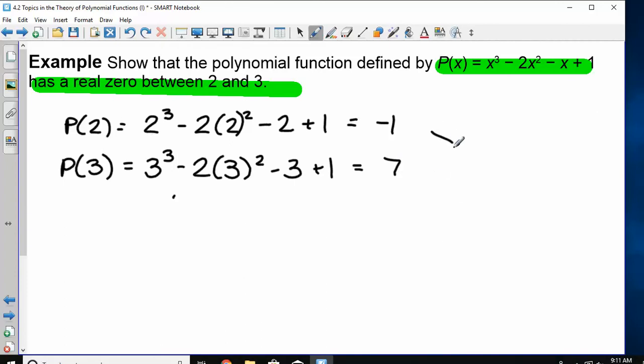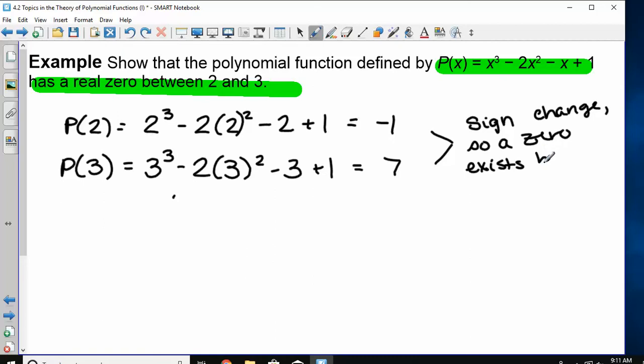So what we see, -1 and 7 have different signs. So there is a sign change. So a 0 exists between 2 and 3. So there is some number in between 2 and 3 that will make this function equal 0.